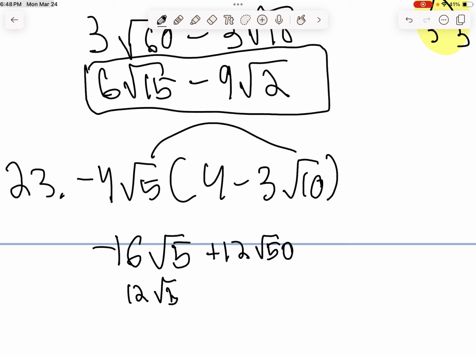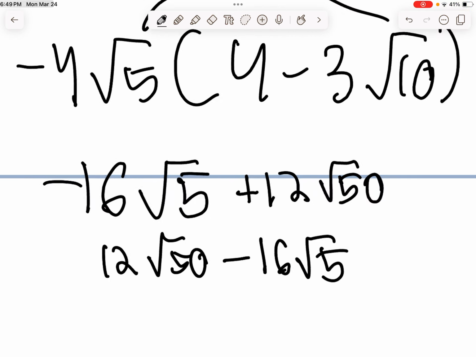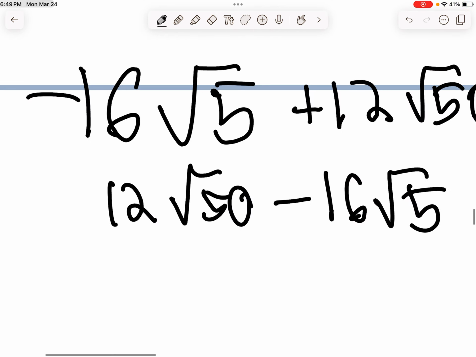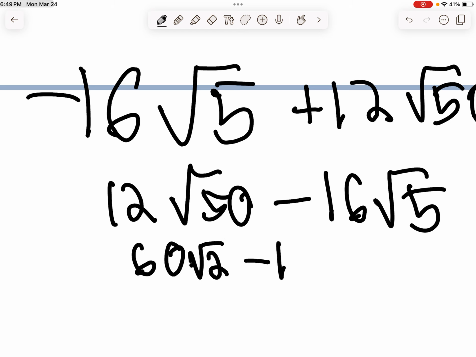The square root of 50 is the square root of 25 times 2, and the square root of 25 is 5. So you'll get 12 times 5, which is 60, times the square root of 2, minus 16 times the square root of 5.